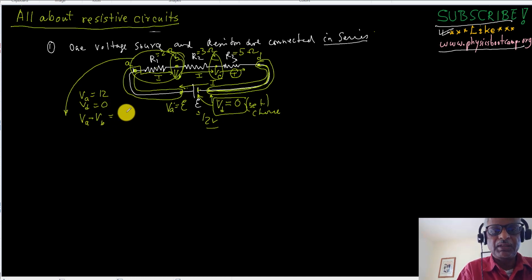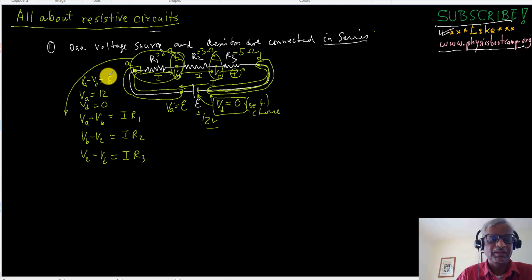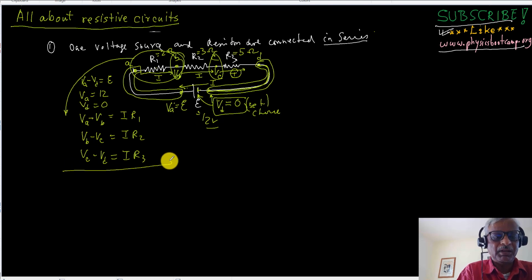VA minus VB is I times R1, and VB minus VC is I times R2, VC minus VD is I times R3, VA minus VD is this E. You can see right away, if I add all of this up, I get VA minus VD equals I times R1 plus R2 plus R3.